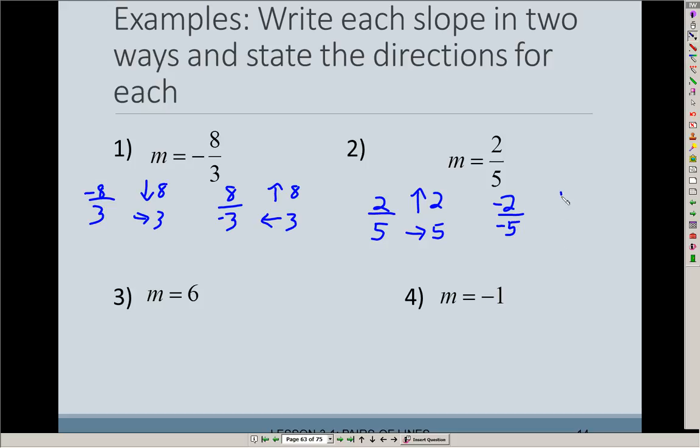So this could also be down 2 and left 5. When the slope is an integer, put it over 1. We could write this as positive 6 over 1, which goes up 6, right 1. Or we could say it's negative 6 over negative 1, which goes down 6 and left 1.